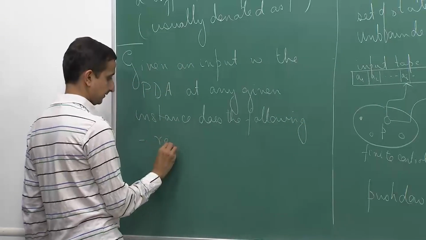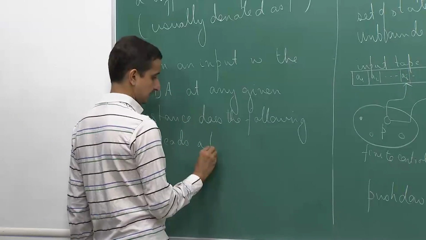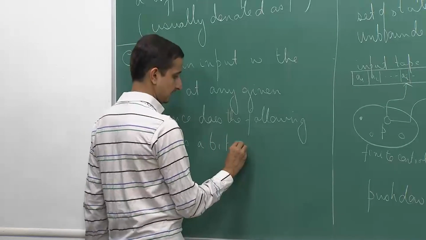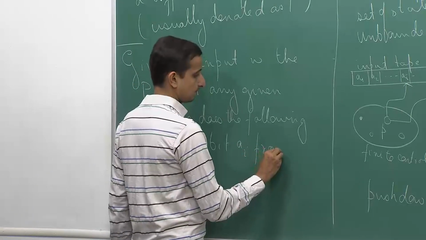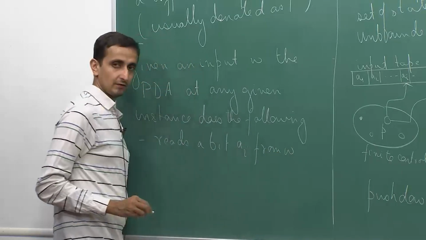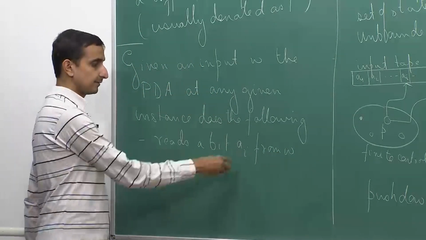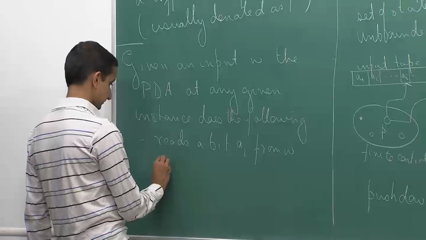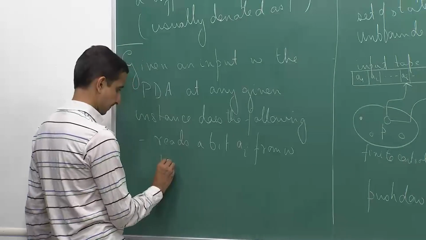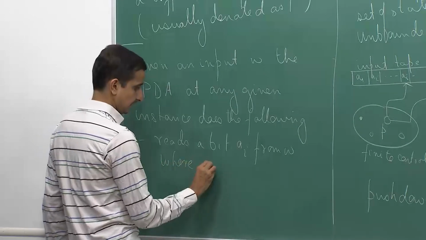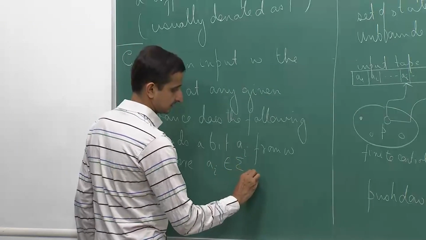It reads a bit a_i from W. Okay. And now, because it is an epsilon NFA, a_i can be the empty string, where a_i belongs to sigma epsilon.